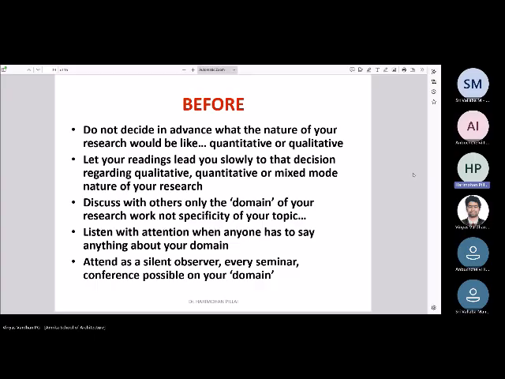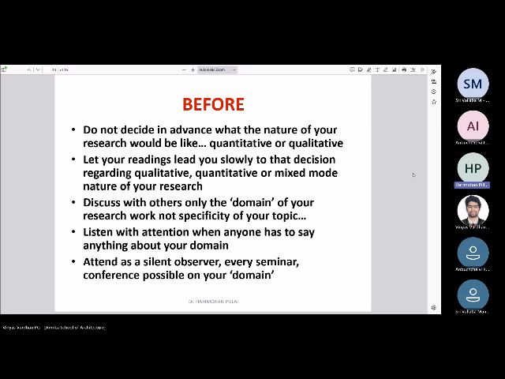Okay, these are all some gyan that I am giving you. You may or may not follow, but if you follow, actually this is kind of a shortcut to avoid getting stuck with the topic forever. Sometimes people just get stuck, they are not able to go forward. So many researchers get stuck at this point after 2 years or 3 years.